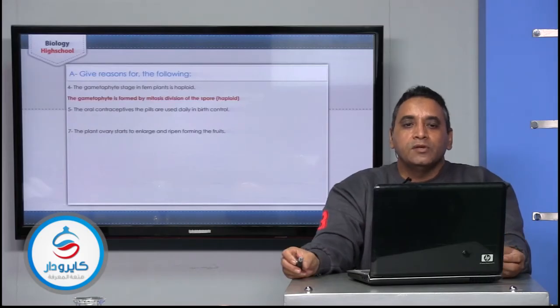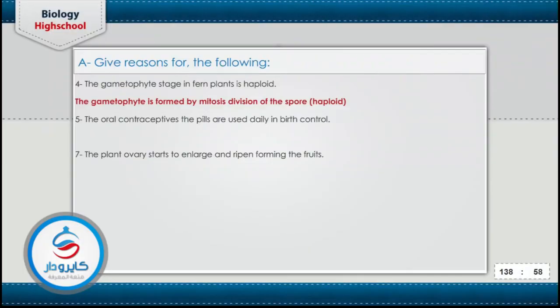So the gametophyte is formed by the mitotic division of the spore cell, which is haploid. Any 1n cell can never divide by meiosis, because there is no such thing as half n. The 1n divides by mitosis only.